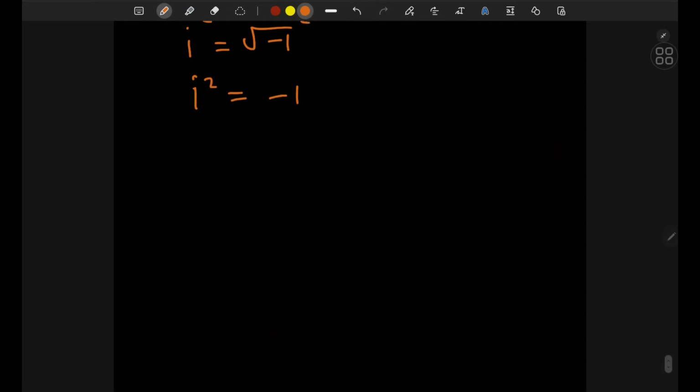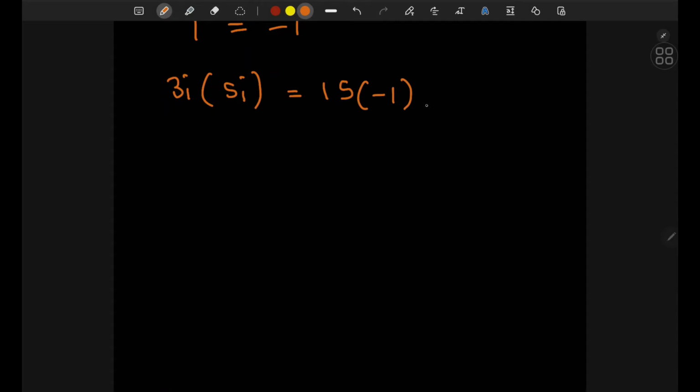So quickly, if we were to do a few calculations, let's say we have 3i multiplying 5i. So multiply 3 by 5, it will give us 15. Then i multiplied with i. So remember i squared is negative 1. So this will be negative 1. Then 15 by negative 1 is negative 15.